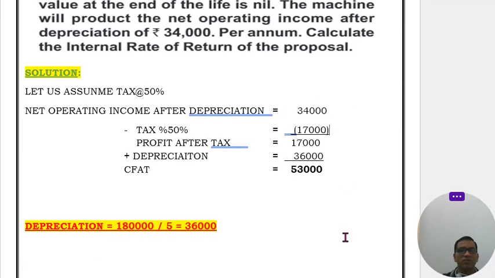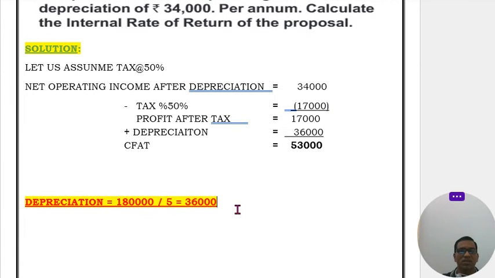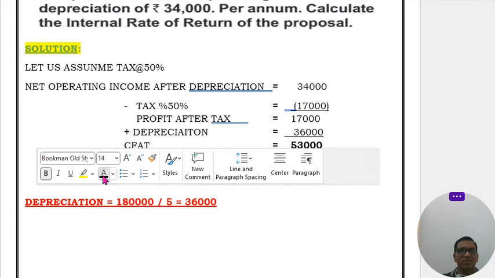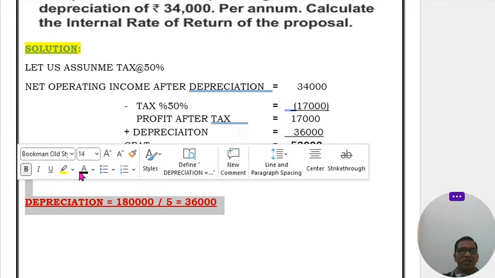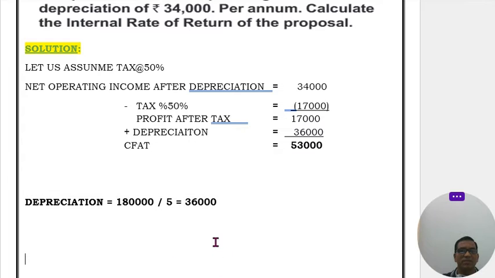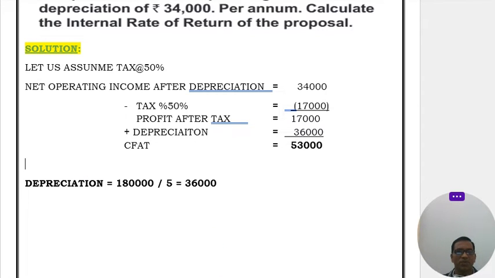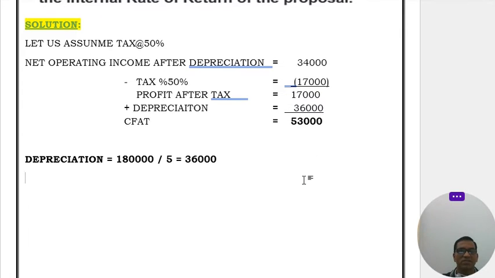So 34,000 minus tax 50%. We are assuming tax 50%. So after depreciation minus tax 17,000, the balance profit after tax is 17,000. Add back depreciation 36,000. This is how I calculate depreciation: cost of the project divided by life of the project 5 years, 36,000. So add back depreciation, we got 53,000.